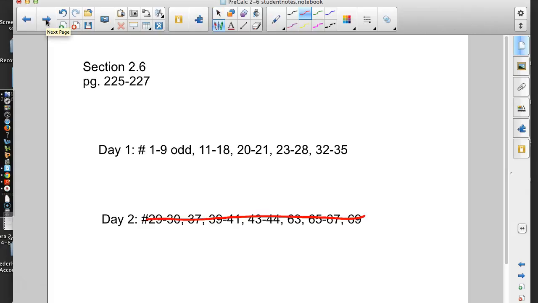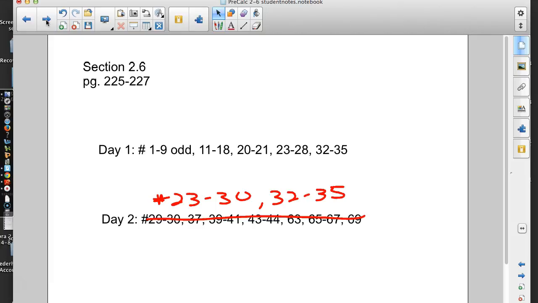It is 23 to 30 and 32 to 35. I know, they're supposed to be changed. Like I said, we changed them last year because we knew we didn't get that far. So you can just put them on the same sheet of paper if you want to.